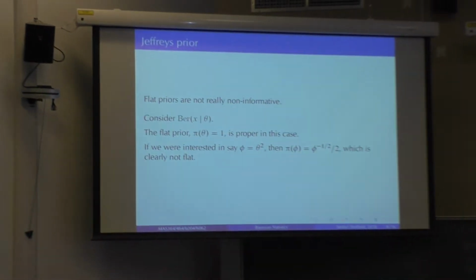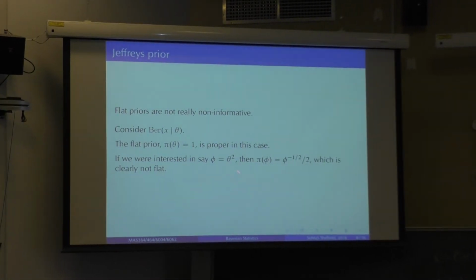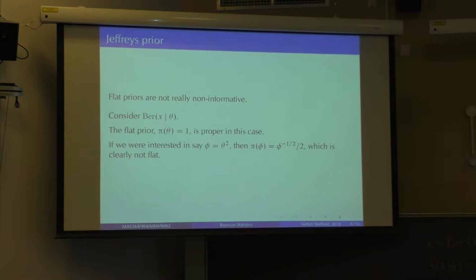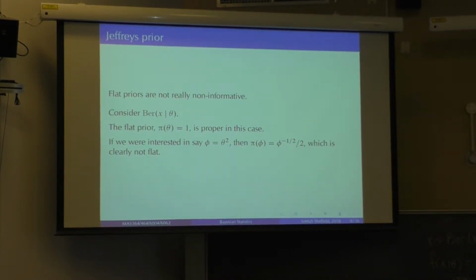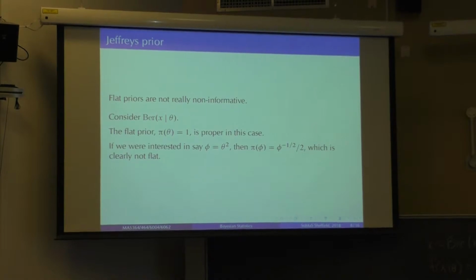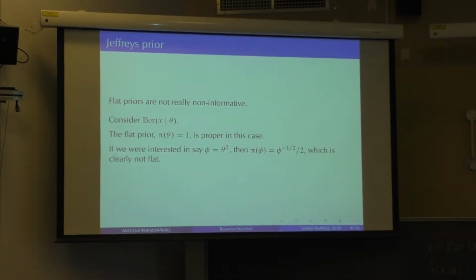We can just write phi there, and define it as theta squared. And that will be our parameter. That parameter still lives in [0, 1]. So the parameter space is still bounded, okay? So I could use a flat prior there, and I will get another posterior.